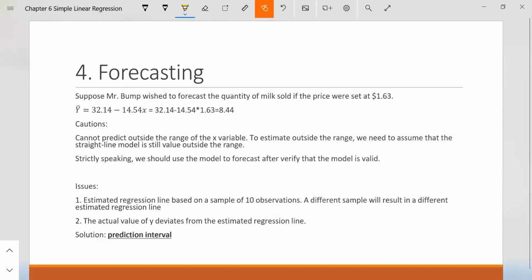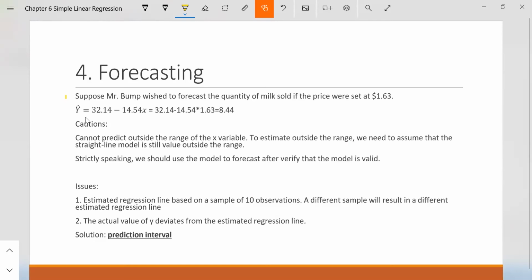When we do forecasting, what we do is really replace X with the corresponding value and go through the calculation to find Y hat. So here's a particular example. It says, suppose Mr. Bump wished to forecast the quantity of milk sold if the price was set at $1.63.